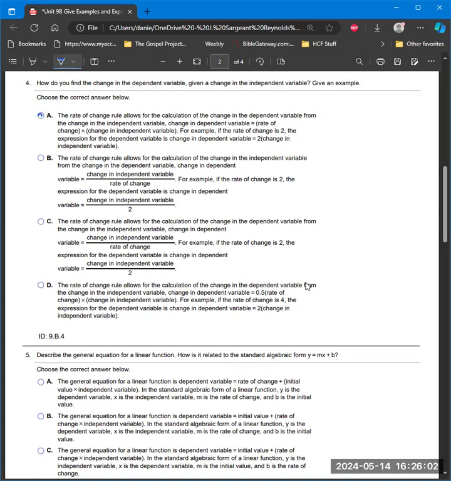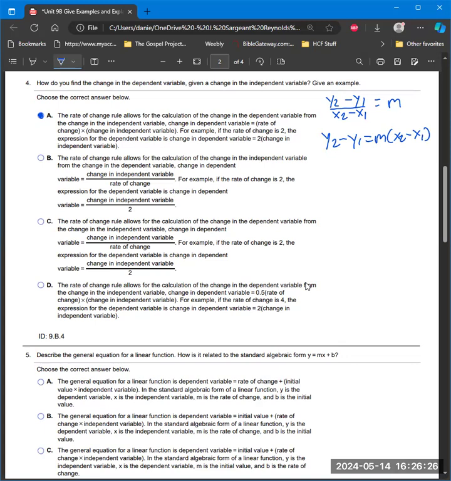It's A. So what they're saying here is if I have y2 minus y1 over x2 minus x1 equals my slope, I can rewrite that as y2 minus y1 equals m times x2 minus x1.